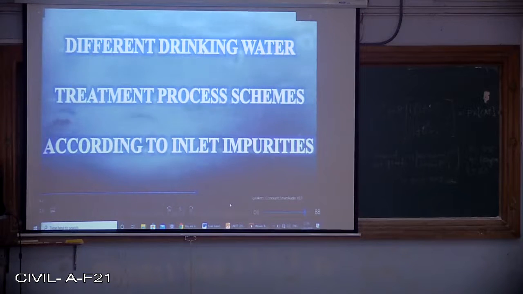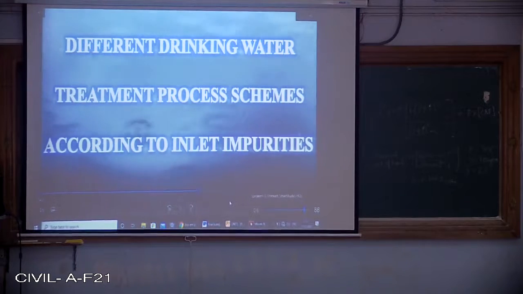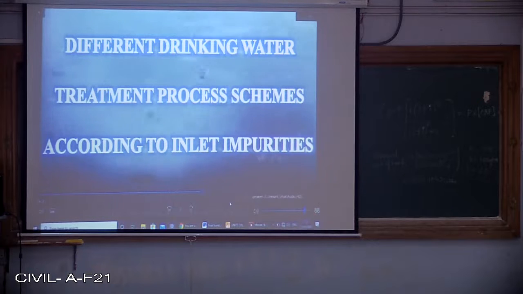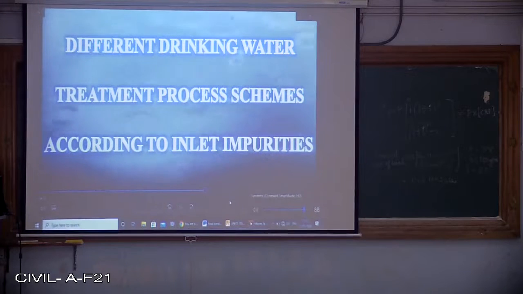Thus, if we know the inlet water quality, then we can also optimize our process flow diagram according to inlet water impurities. This optimization of unit processes may decrease the operational as well as capital cost with low maintenance and less space requirement.